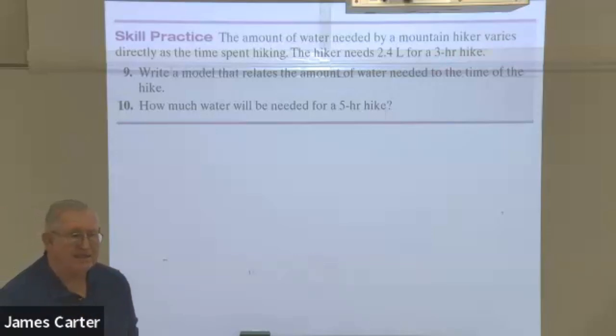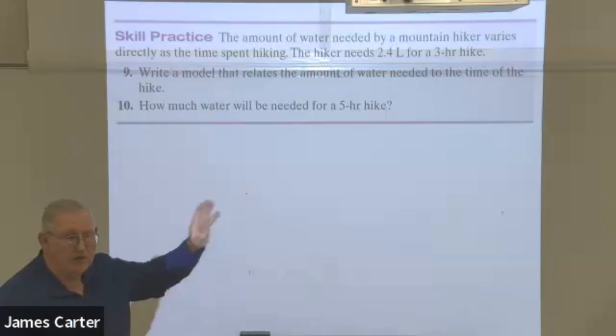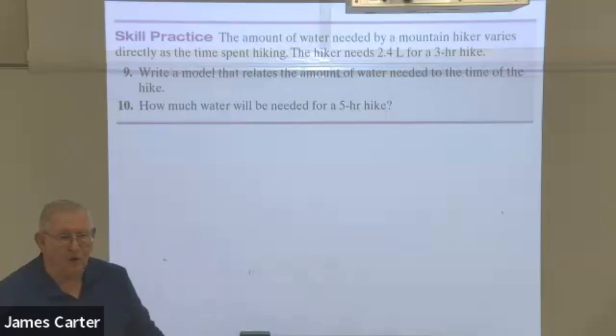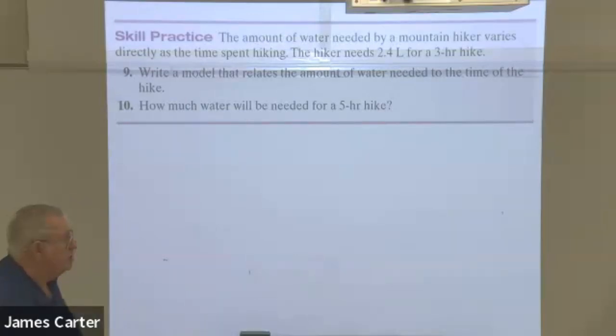We had 2 16-ounce bottles apiece, which roughly equals 1 liter. So we had about half the amount of water that we should have taken, is what this is saying. Now, write a model that relates to that and how much water would be needed for a 5-hour hike.